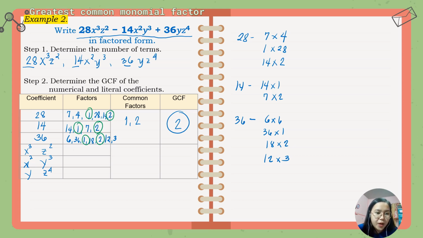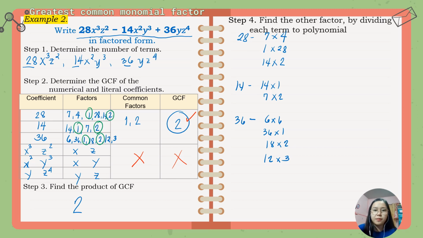Factors nito, syempre, x saka z, x saka y saka z. Yan. So, may magkakaparehas? Ito, x, ay hindi, wala. So, therefore, wala siyang common factors, wala siyang GCF. So, ang gagamitin lang natin is 2. So, find the product, of course, lagay lang natin ang 2, kasi wala. Okay, next.